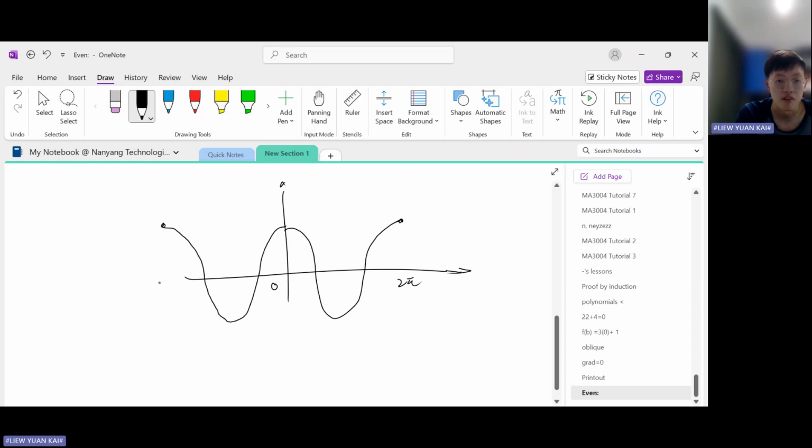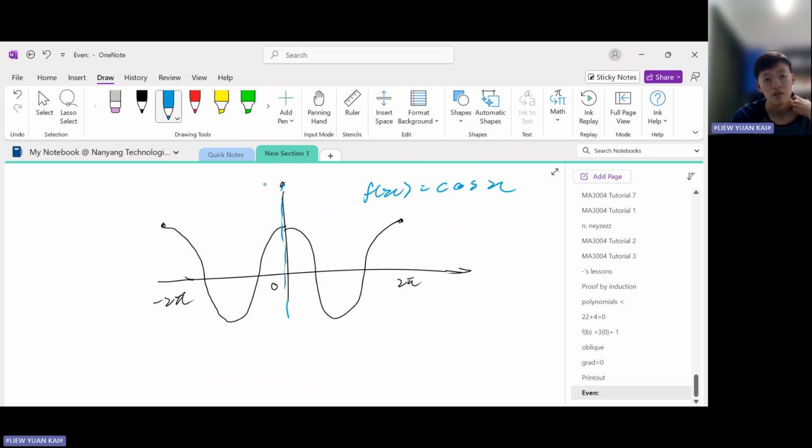When I repeat this for 0 to negative 2 pi, notice that this graph, the graph f of x equals to cosine x, is symmetrical about the y-axis, right? The y-axis, you can treat it as a mirror line, and then the right-hand side is reflected onto the left-hand side. So it does satisfy the graphical property of even function. Namely, it is symmetrical about the y-axis.